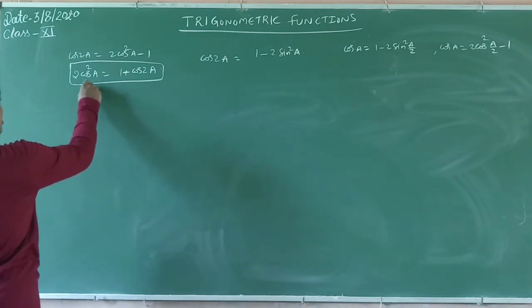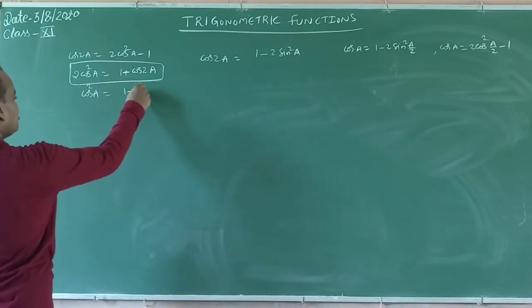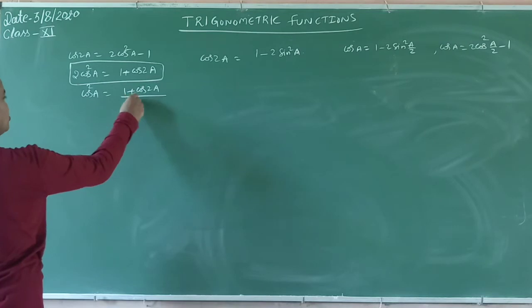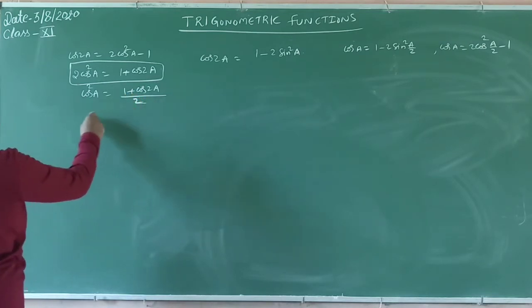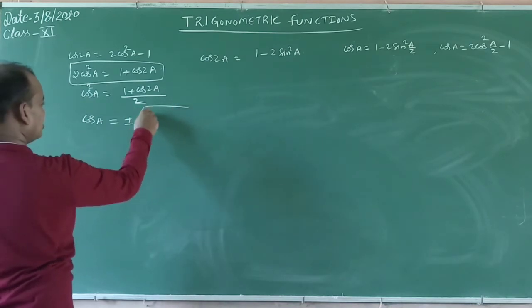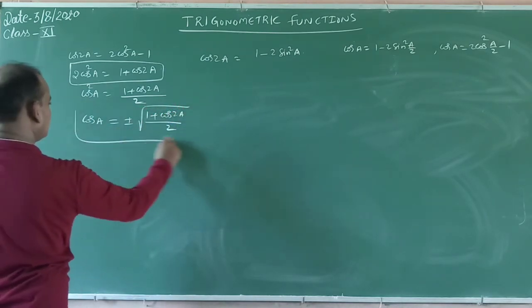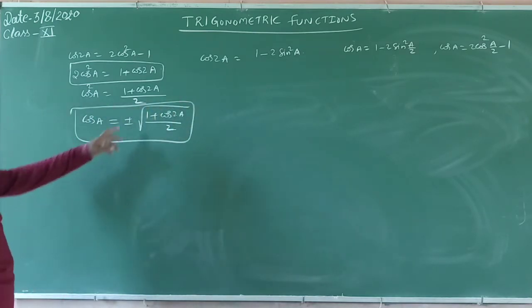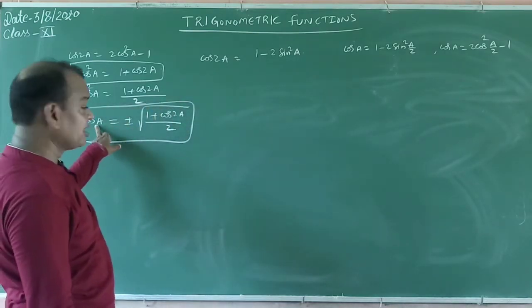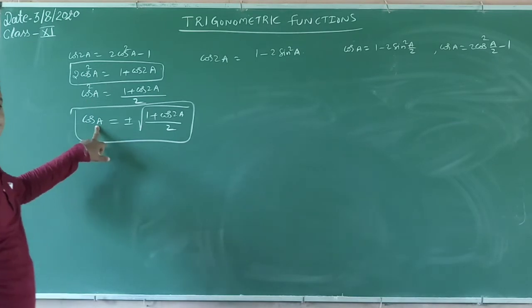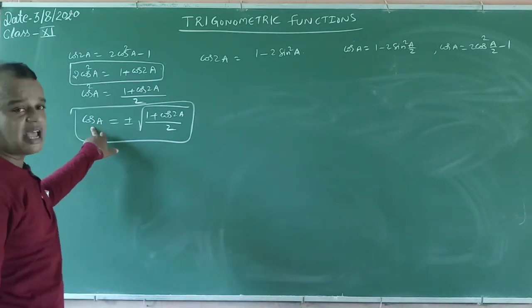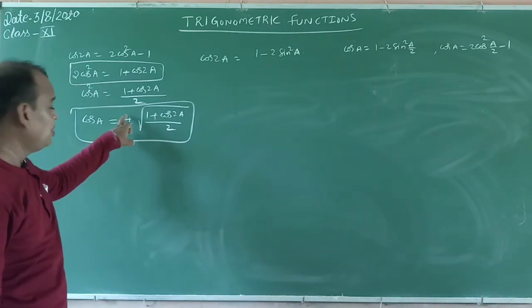Next, cos square a is equal to 1 plus cos 2a by 2. Now, cos a is equal to plus or minus root over 1 plus cos 2a by 2. Why write plus or minus here? It depends on the angle A. If this angle lies in the first and second coordinate, you will take the positive.